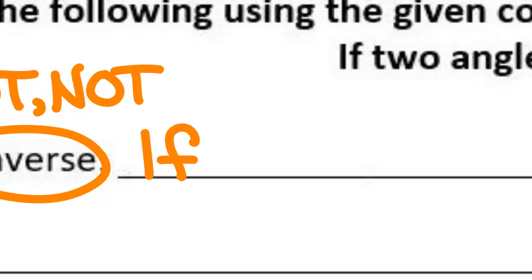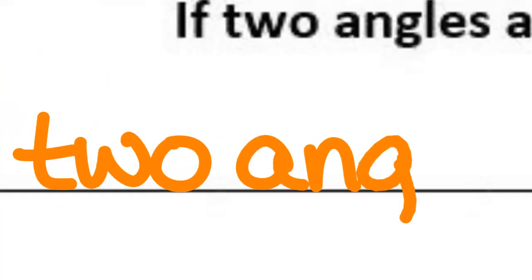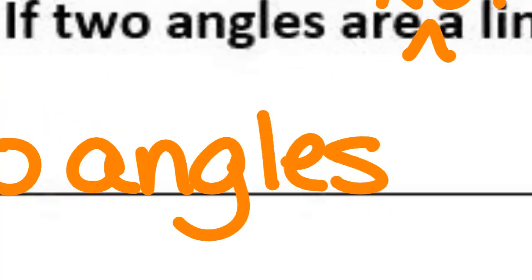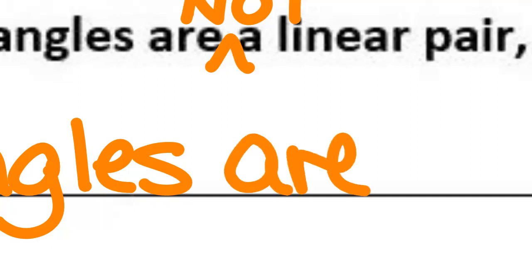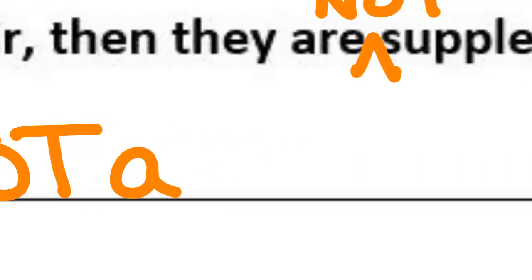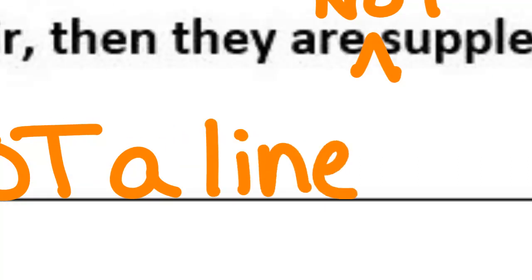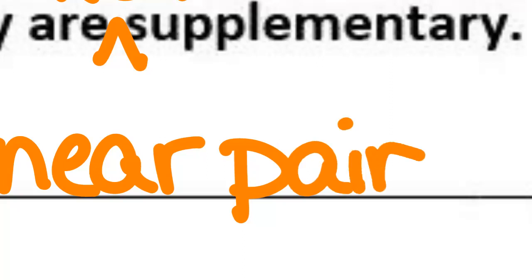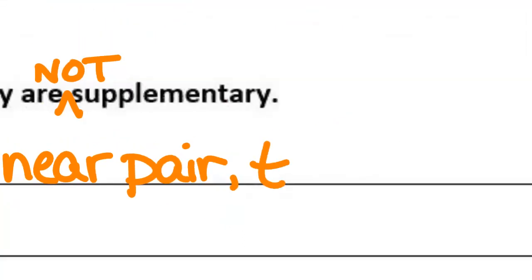So I have to say, if two angles are not a linear pair, then they are not supplementary.